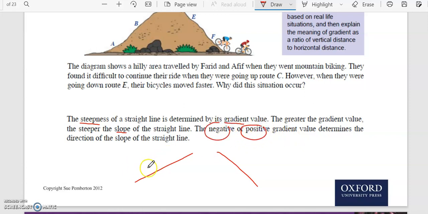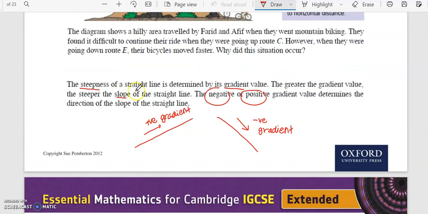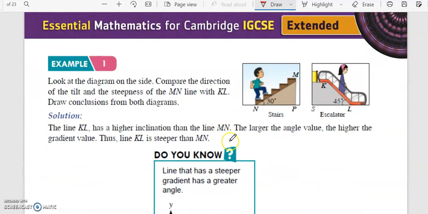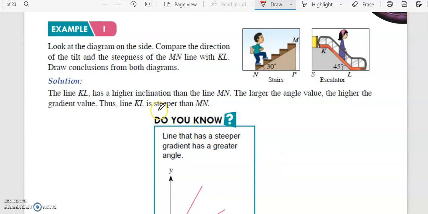So kalau dia mendaki macam ni, to the right, we call ini ialah positive gradient. Kalau dia menuruni macam ni, turun bukit and also turun tangga macam ni, ini ialah direction dia negative gradient. So we go, what is the relationship between the value, the steepness, and also the gradient? Look at the diagram on the side.